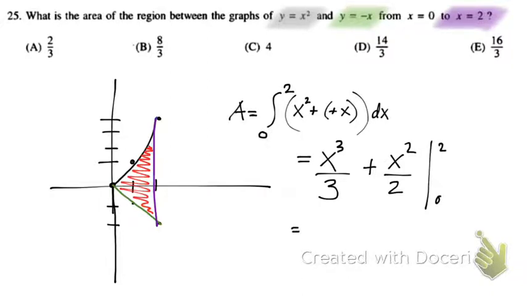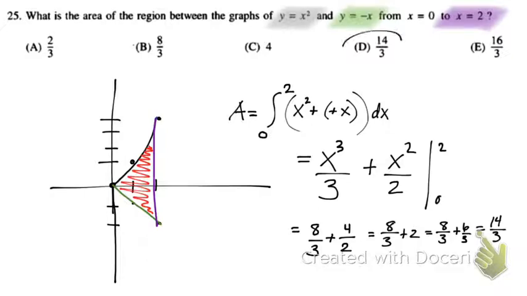If I plug in 2, I get 2 cubed over 3, which is 8/3, plus 2 squared over 2, which would be 4 over 2. And then minus, if I plug in 0 to both of those, I get 0. So it's just 8/3 plus 4/2, which is 8/3 plus 2. If I get a common denominator, that's 8/3 plus 6/3, which is 14/3. Answer choice D.